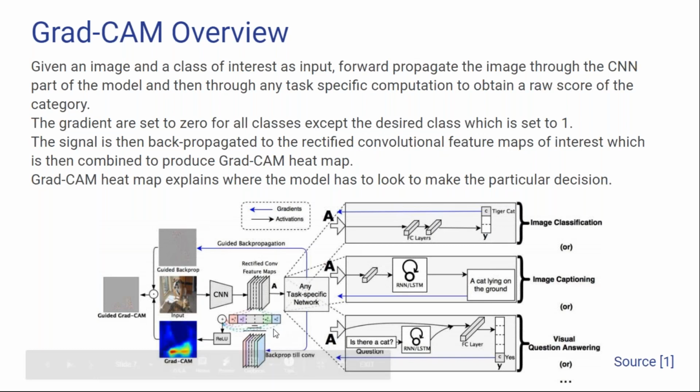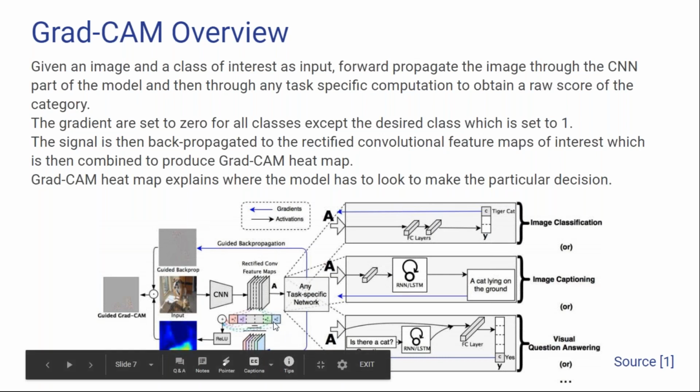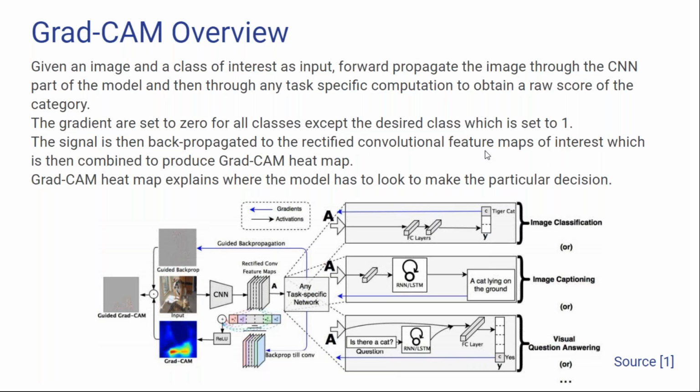The signal is backpropagated to the rectified convolution feature map of interest.